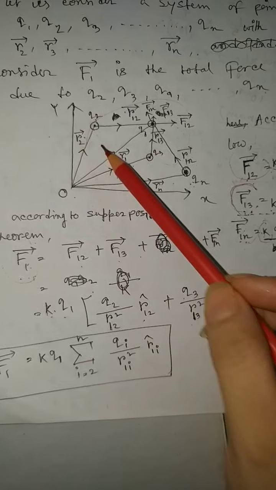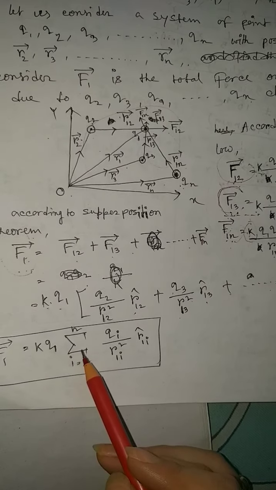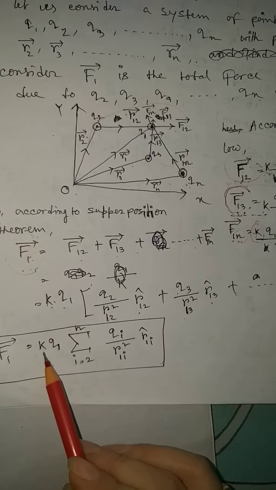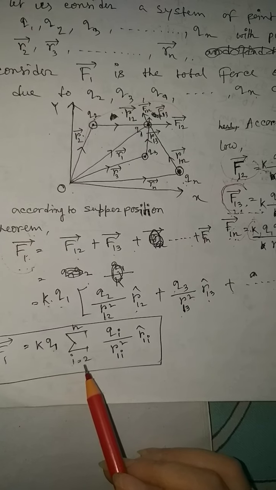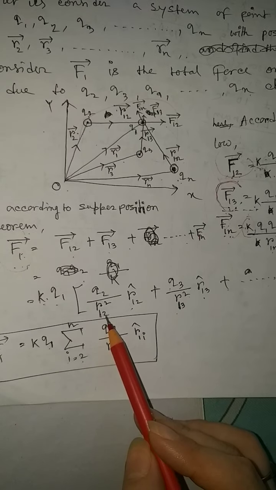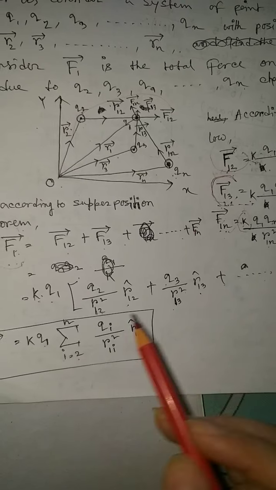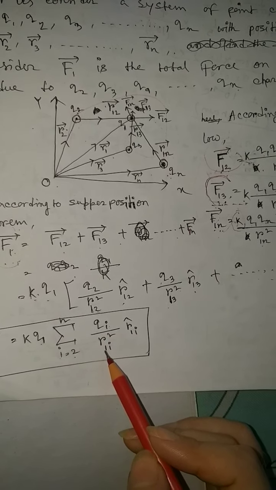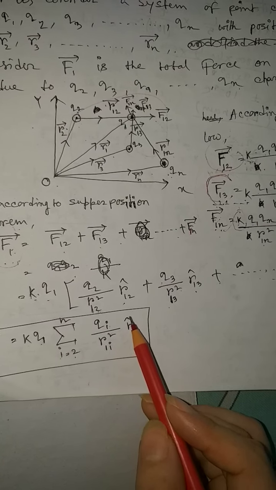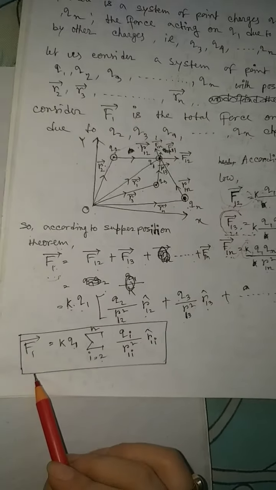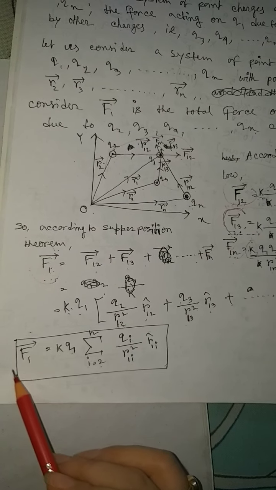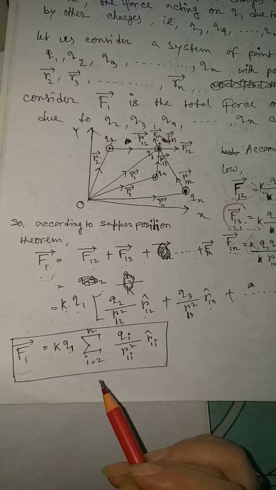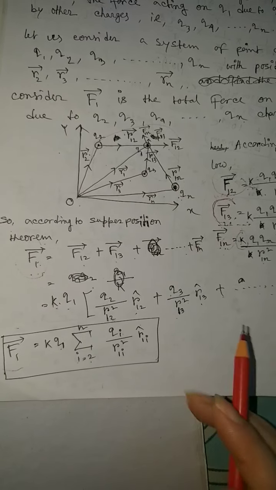That's why I am taking summation. So F1 equals K into Q1 into summation of i equals 2 to n, where i starts from 2, of Qi by R1i square into R1i cap. Clear? This is the formula of force exerted on a charge due to multiple charges.